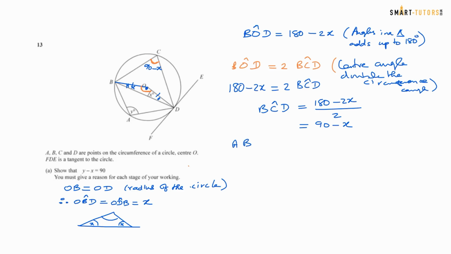Now we know another theorem: opposite angles in a cyclic quadrilateral add up to 180. So you can say ABCD is a cyclic quadrilateral.